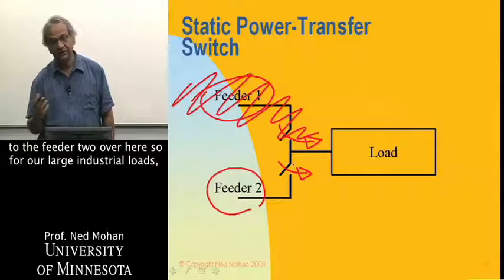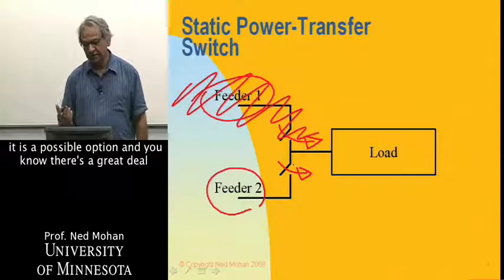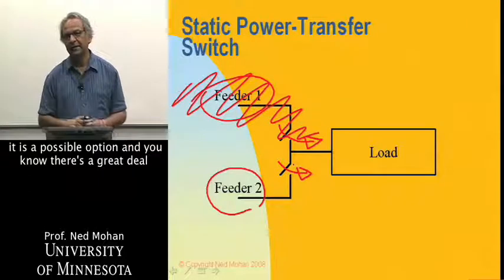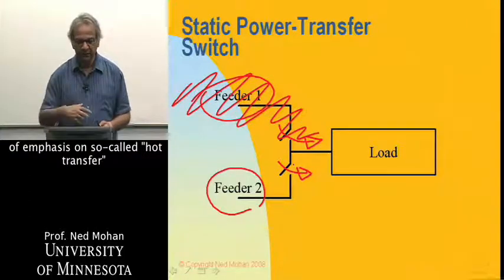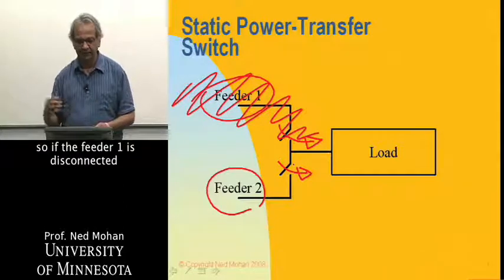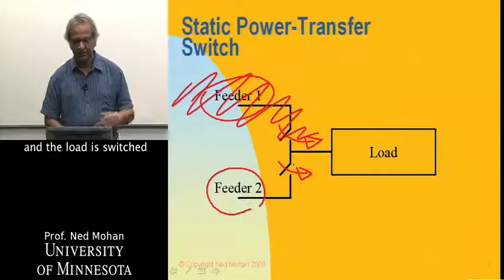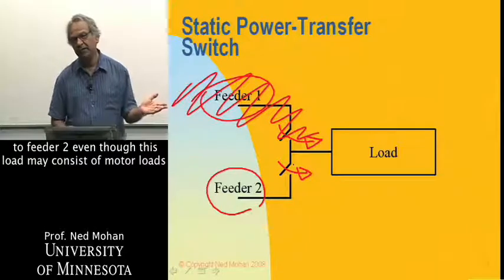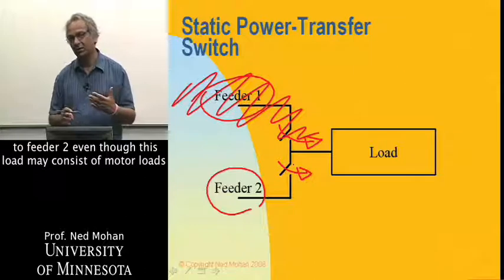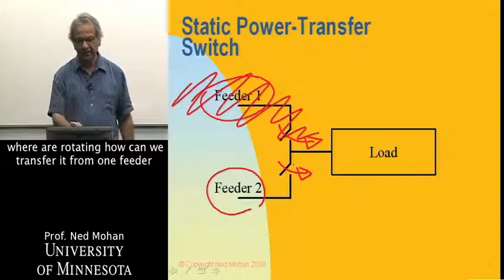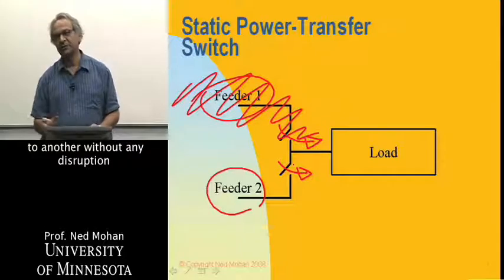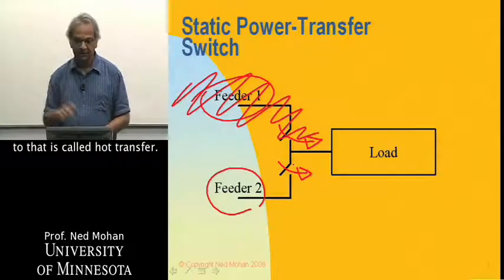So for large industrial loads, it is a possible option. And there's a great deal of emphasis on so-called hot transfer. So if feeder 1 is disconnected and the load is switched to feeder 2, even though this load may consist of motor loads which are rotating, how can we transfer it from one feeder to another without any disruption? So that is called hot transfer.